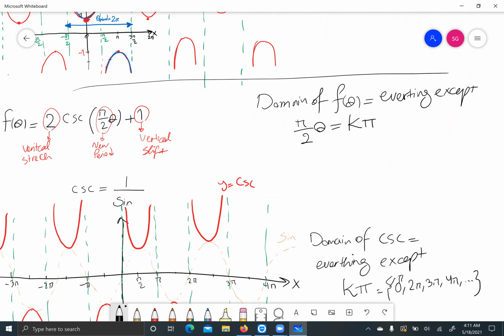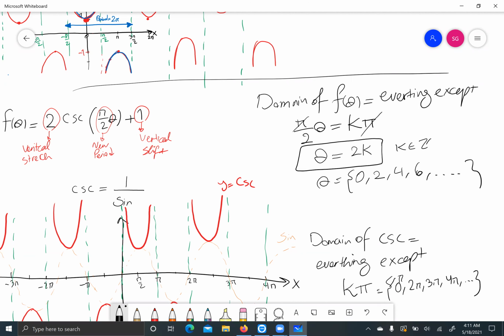In other words, if you simplify it, when theta is 2k, where k is any integer: 0, 2, 4, 6, and so on.